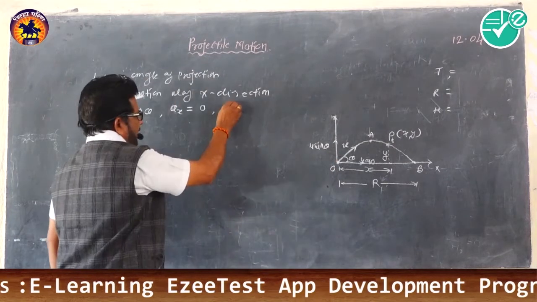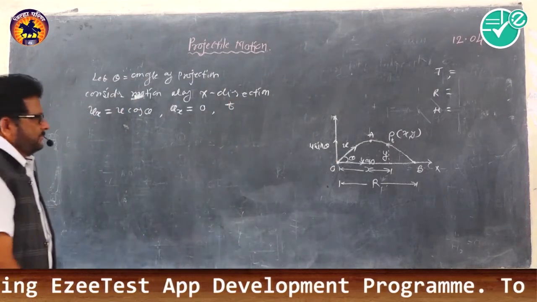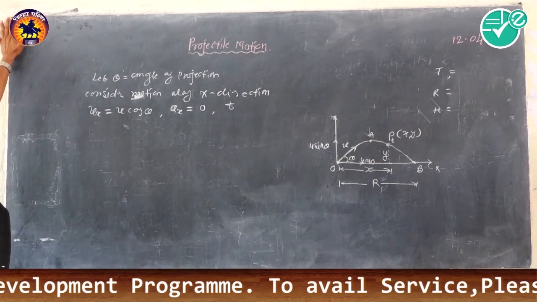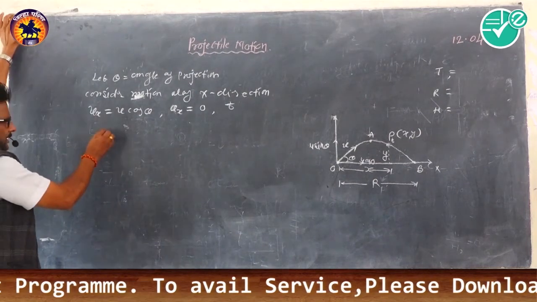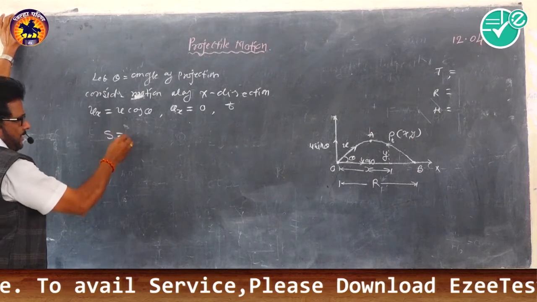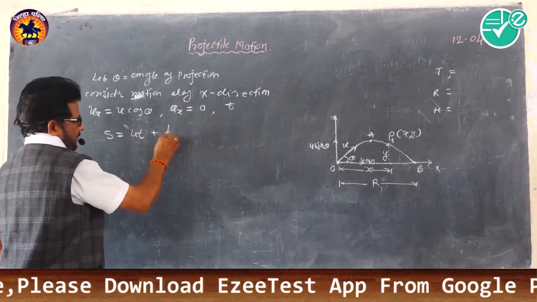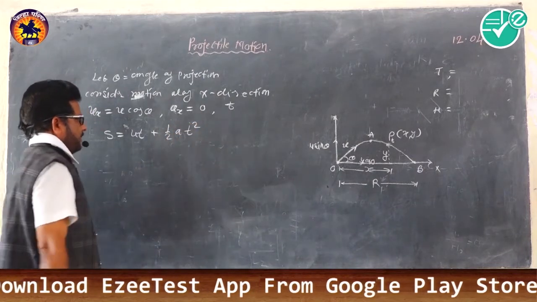Then in time t, we can apply the equation of motion, that is S is equal to ut plus half a t square.